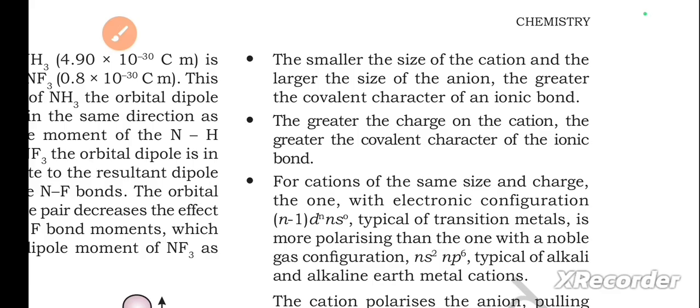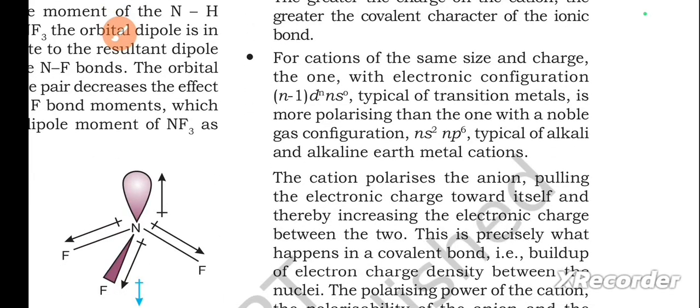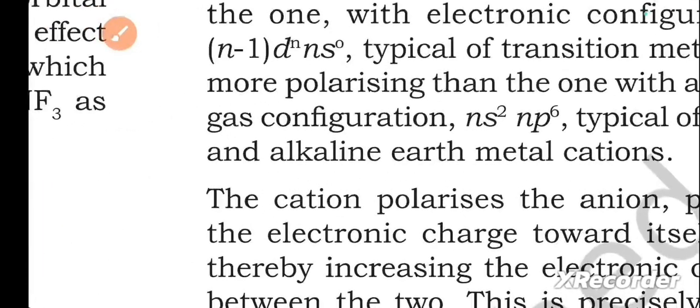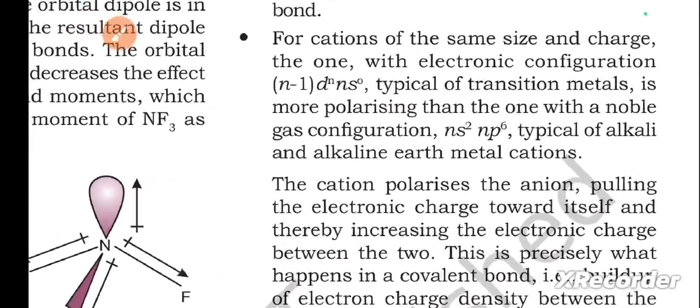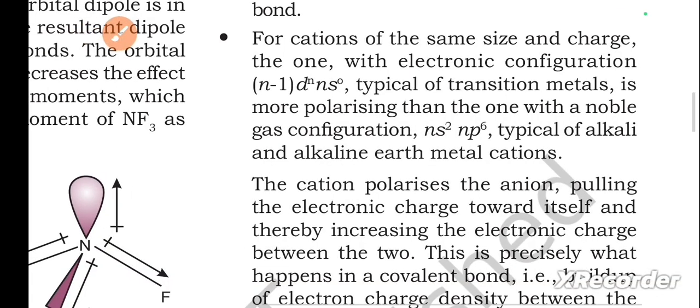Next, for cations of the same size and charge, the one with electronic configuration (n-1)d^n ns^0, typical of transition metals, is more polarizing than the one with a noble gas configuration, ns2 np6, typical of alkali and alkaline earth metal cations.